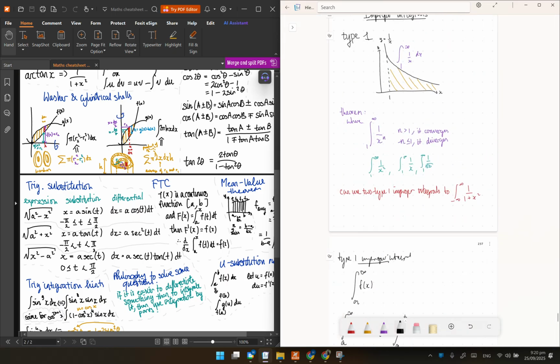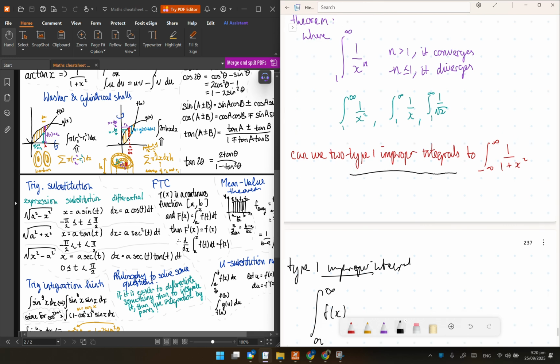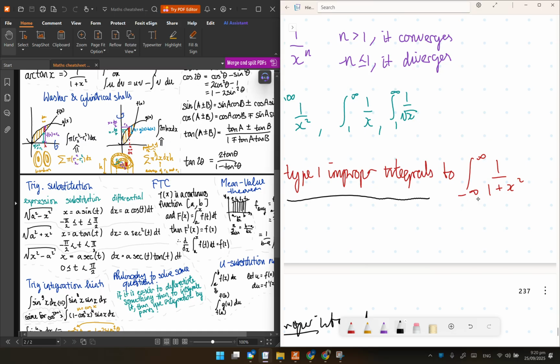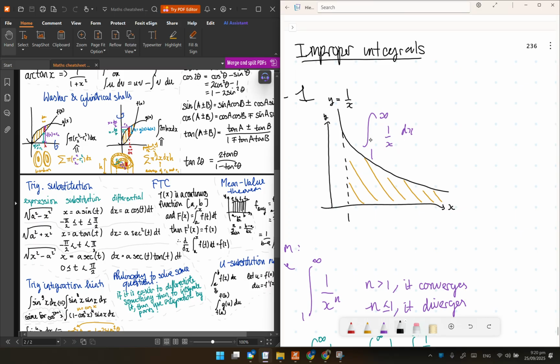So now that we know all these things, we can use two type 1 improper integrals to integrate something from minus infinity to infinity, right? As I explained, an improper integral is from a bound, like a definite place, to infinity. And in the other case, it could be from minus infinity to that definite place.